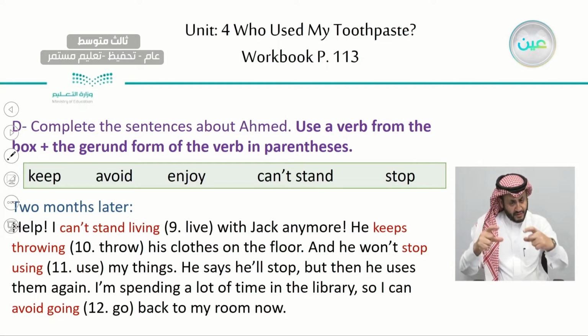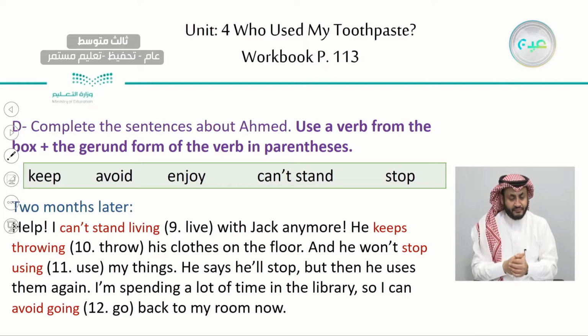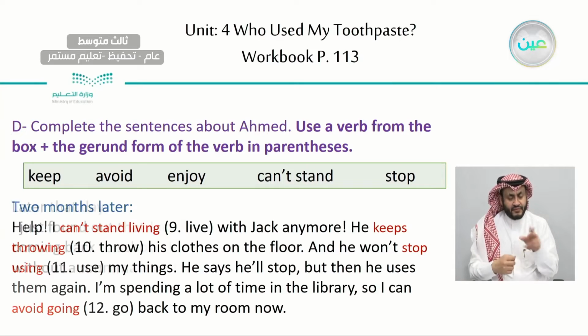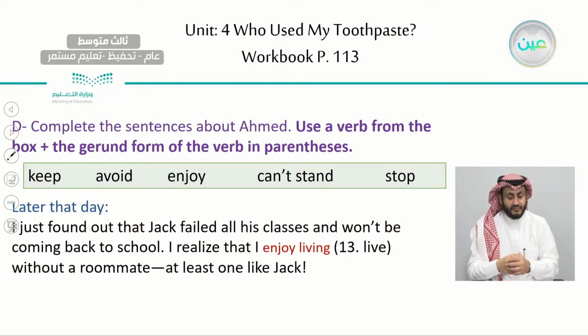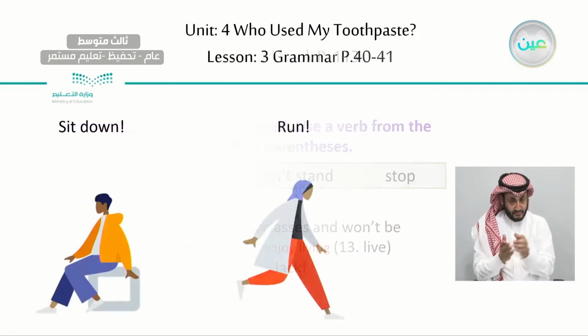Number 10, keeps throwing. And 11, stop using. 12, avoid going. The last one is 13, enjoy living. Okay, this is it for exercise D, and this is it for our homework.